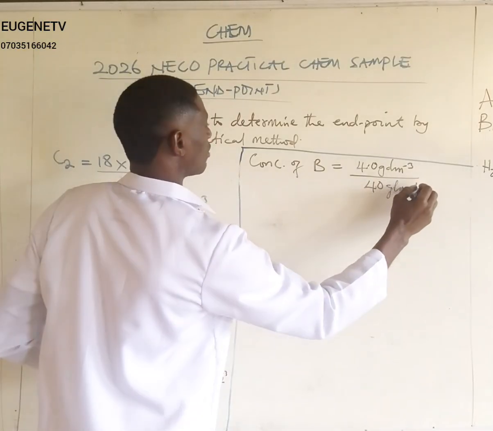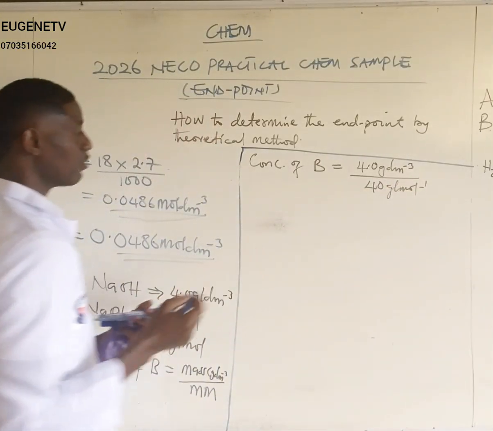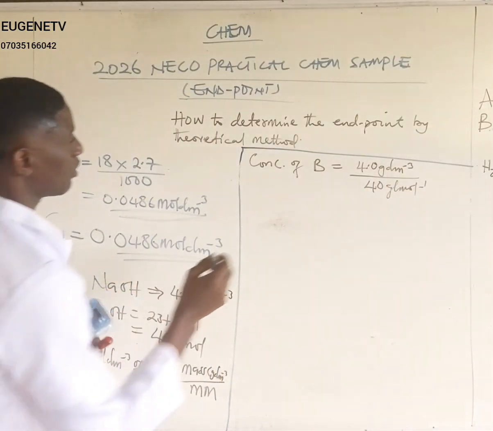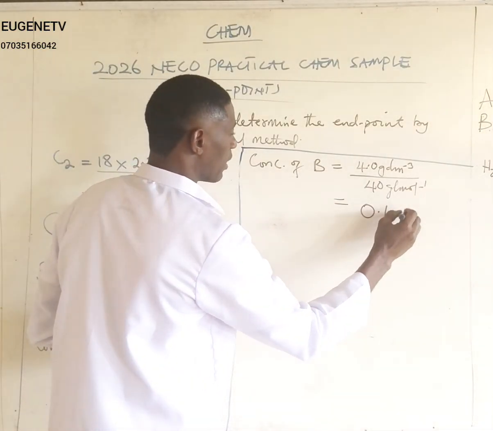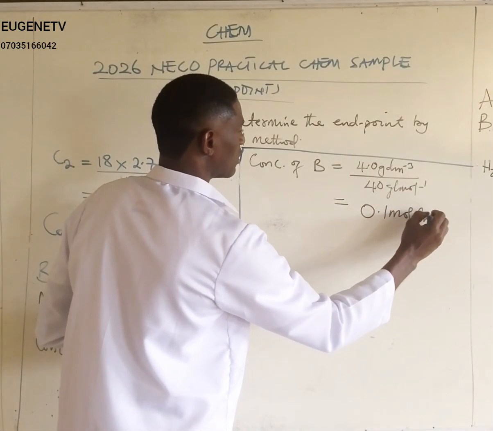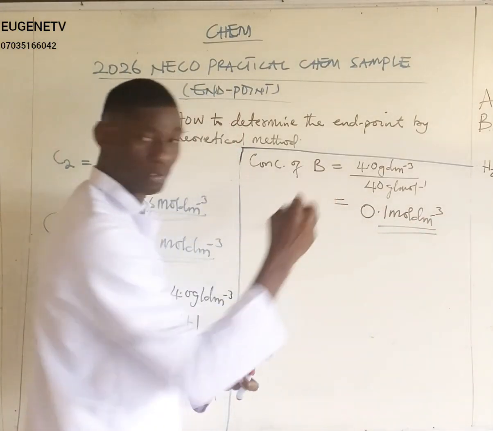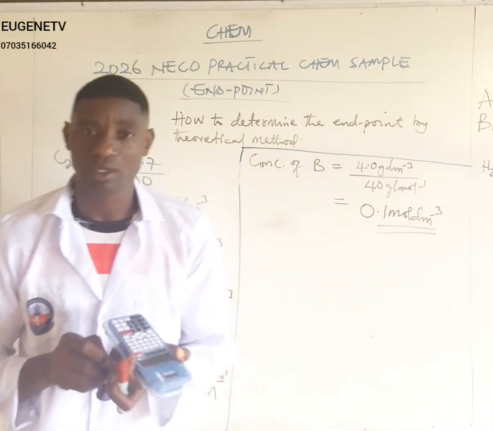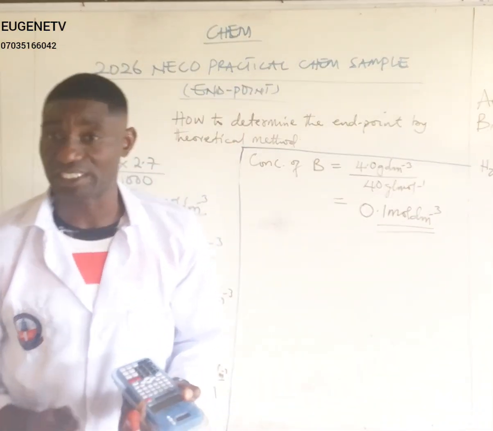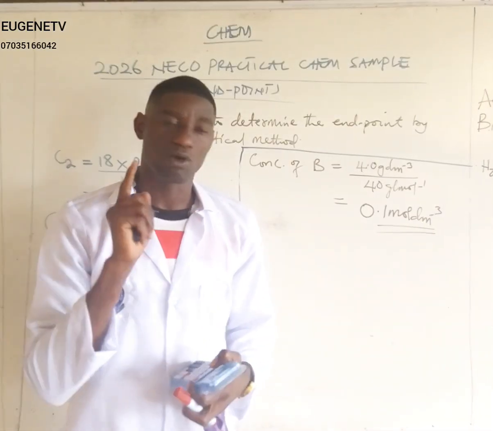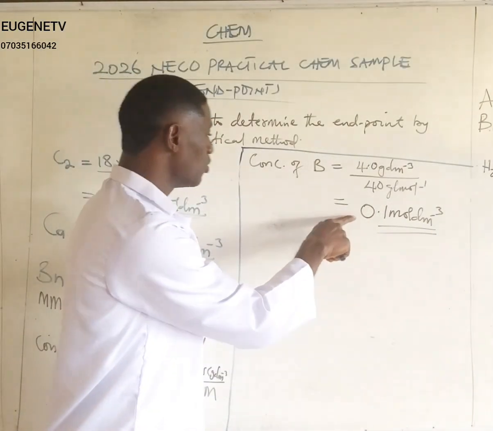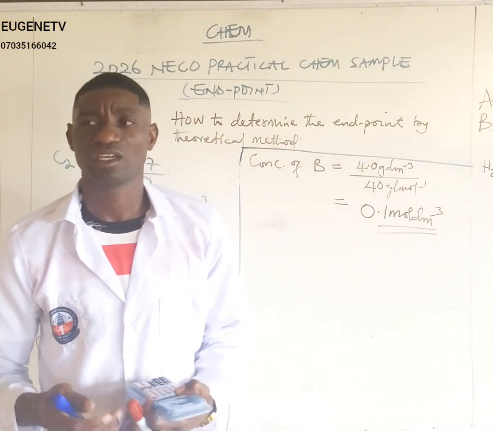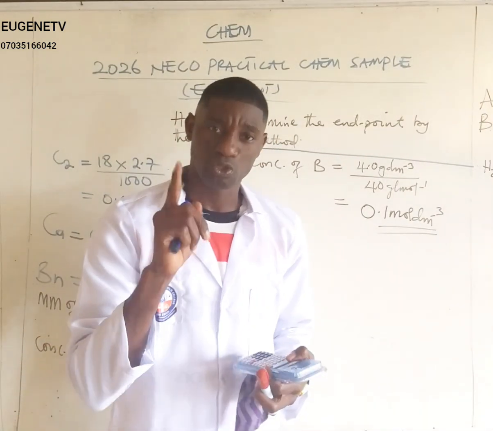When we divide 4.0 gram by 40, we obtain a concentration of 0.1 mole per dm cubed. So that simply means that our molar concentration of the base is 0.1 mole per dm cubed. It is from here that we now determine the endpoint, the volume of the acid that is going to be used during the practical.